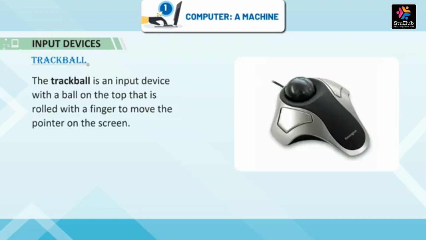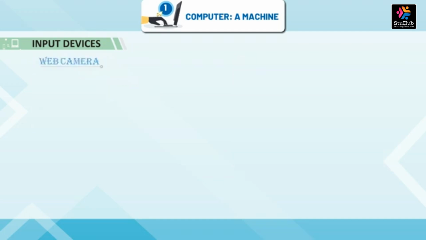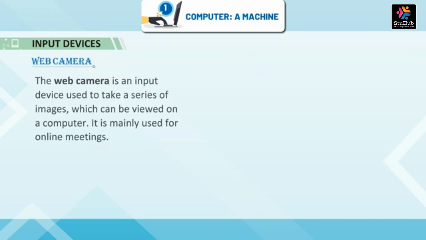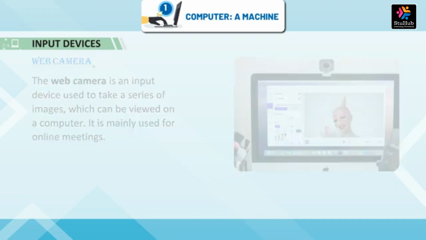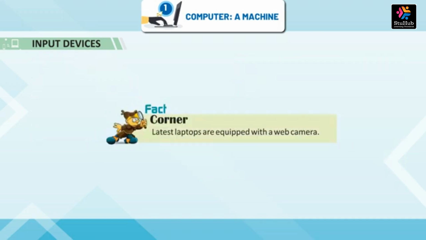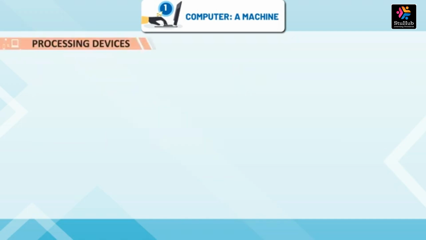The trackball is an input device with a ball on the top that is rolled with a finger to move the pointer on the screen. Web camera. The web camera is an input device used to take a series of images which can be viewed on a computer. It is mainly used for online meetings. Fact Corner. Latest laptops are equipped with a web camera.